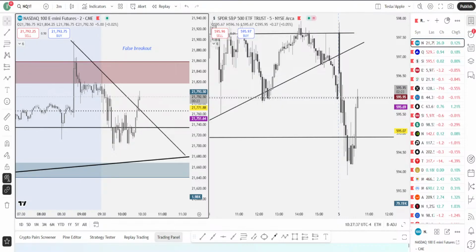Wow, market's just ripping now. What is going on? What is actually going on, guys?